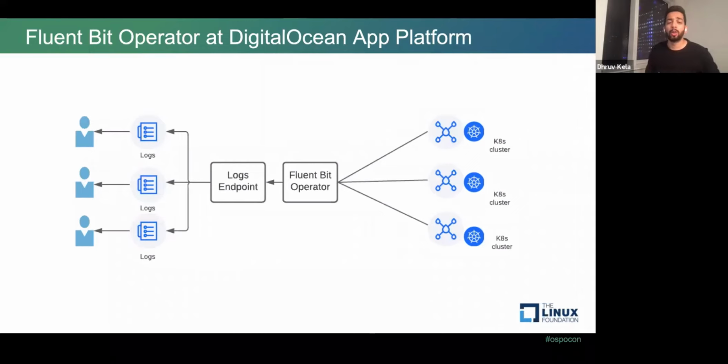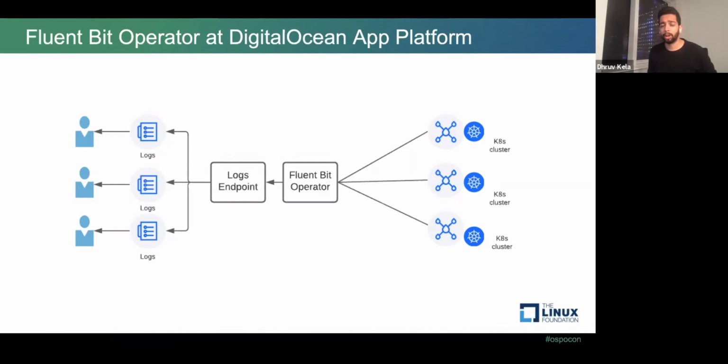So how do we use Fluent Bit Operator in the DigitalOcean App Platform? We have our customer workloads running on DOKS, which is the managed Kubernetes service by DigitalOcean. And they are continuously generating logs.